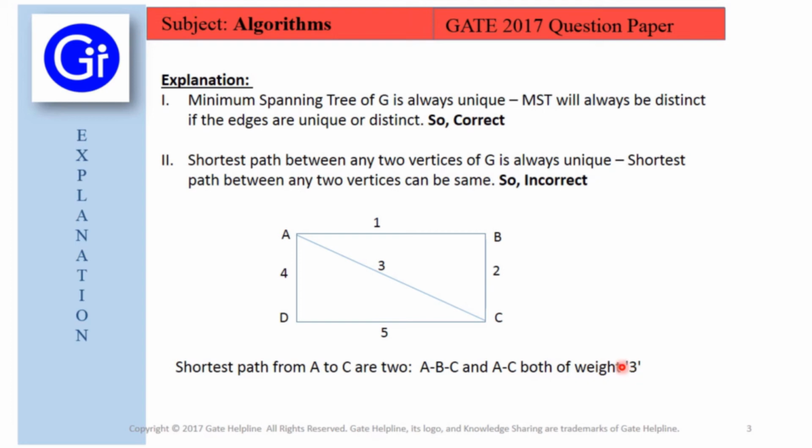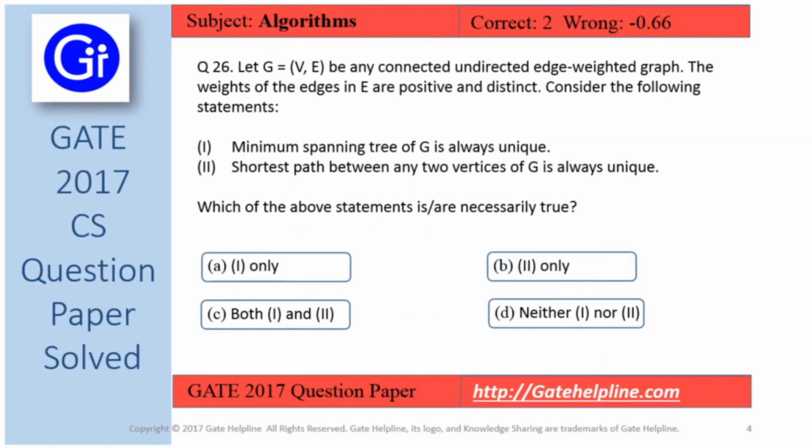So this proves that the second statement is incorrect, that is, the shortest path between any two vertices of G can't be guaranteed unique. As per our discussion, the answer to this question is option A, that is, first only. The minimum spanning tree of G is always unique.